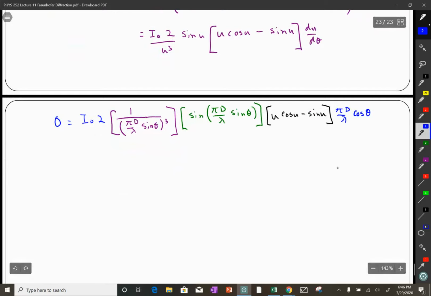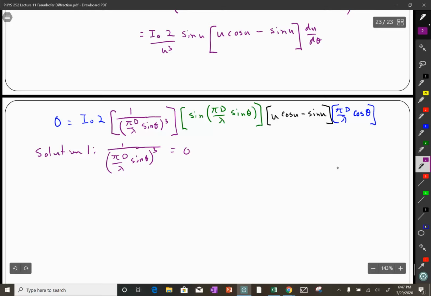So notice I actually have 4 terms in parentheses. Those 4 terms are terms that depend on theta. And so I have 4 possible solutions here. Solution 1, 1 over (pi d over lambda sine theta) cubed equals 0.